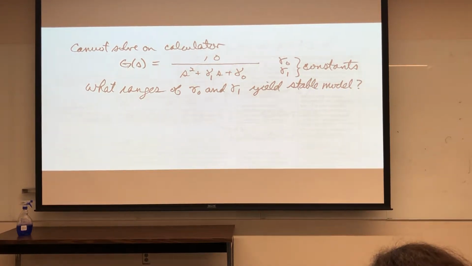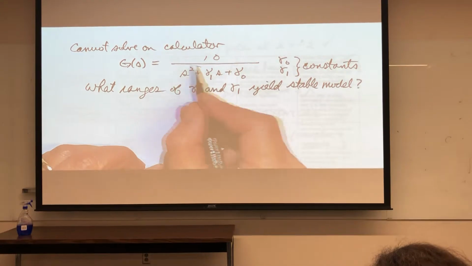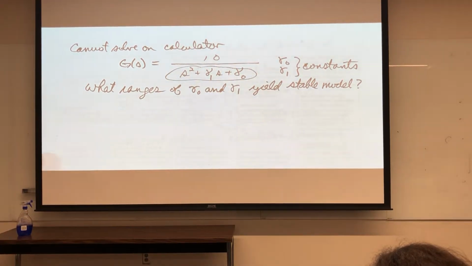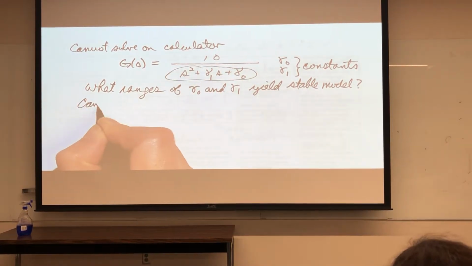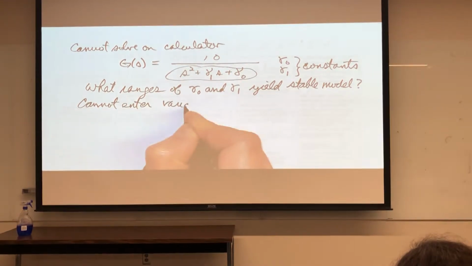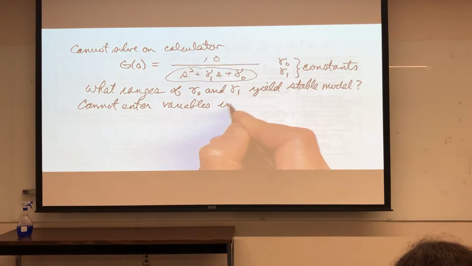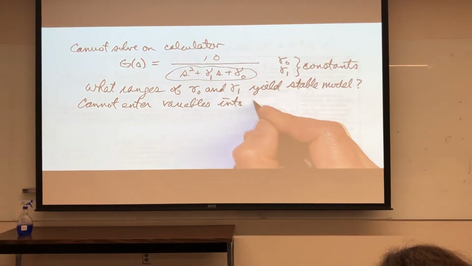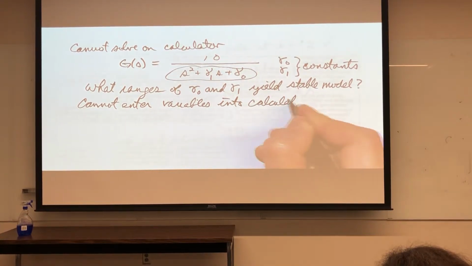This problem is a little bit more difficult to deal with. We know we have to focus on this part, but we cannot enter variables into the calculator. We have to enter numbers.